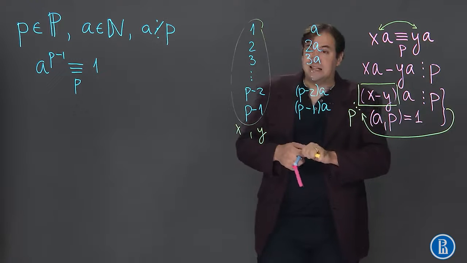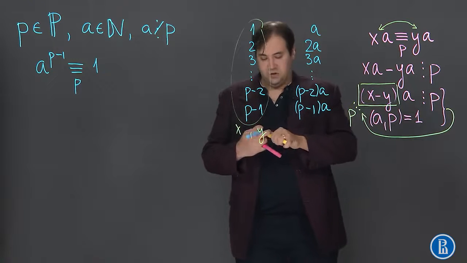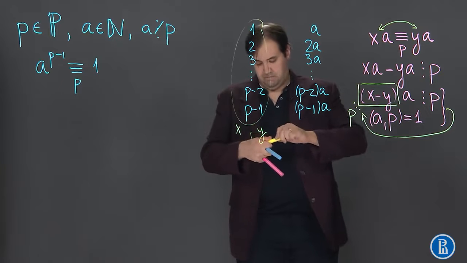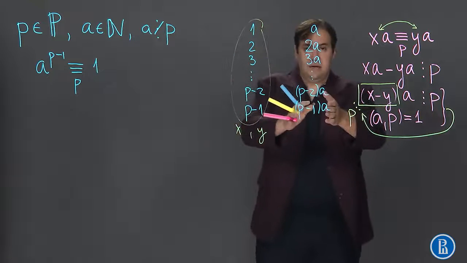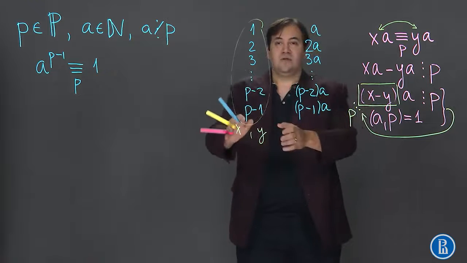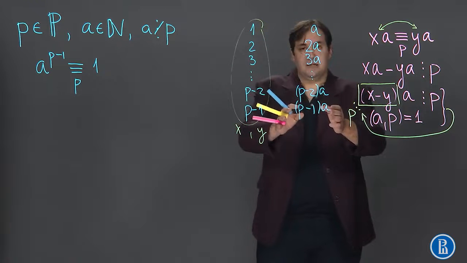After understanding that, we can take these two sets, the first column and the second column, and we understand that the set of remainders here is the same as the set of remainders here.